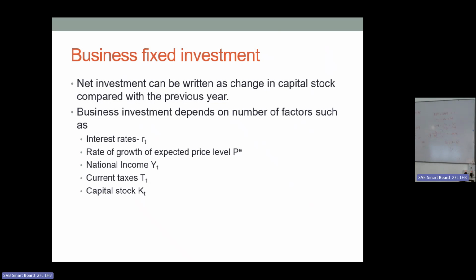Right. So what factors determine investment? There are different factors. An important factor is the interest rate, right? Investment mainly depends on the interest rate. That is the cost of capital, right? There are different interest rates, such as the lending rates.